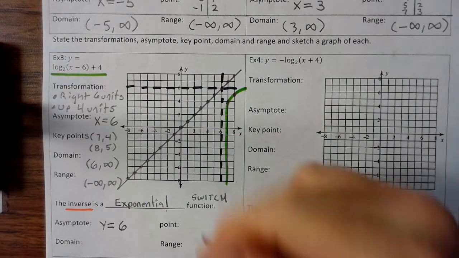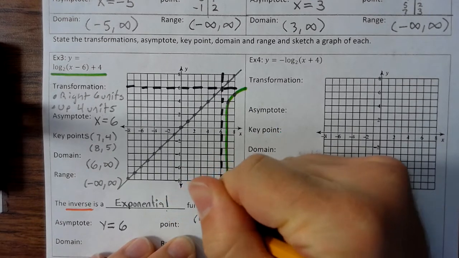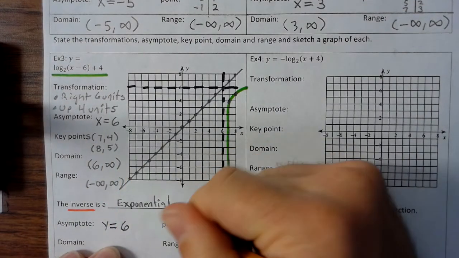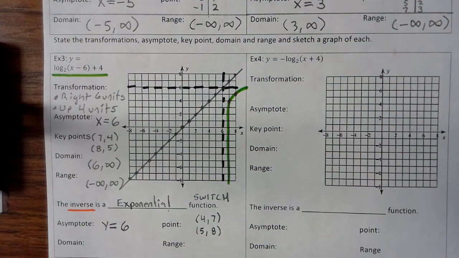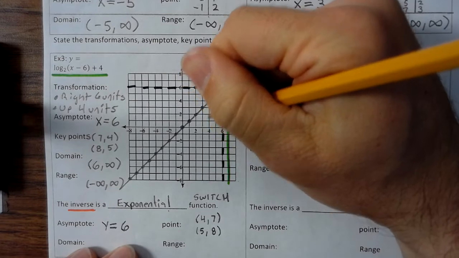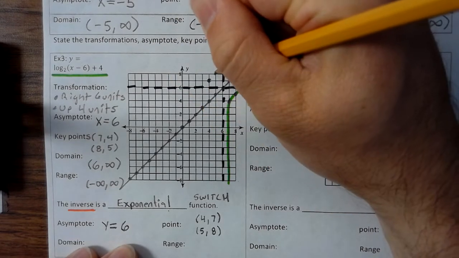The points switch. So the points were 7, 4. So now it's 4, 7. And it was 8, 5. Now it's 5, 8. So 4, 7. 5, 8.